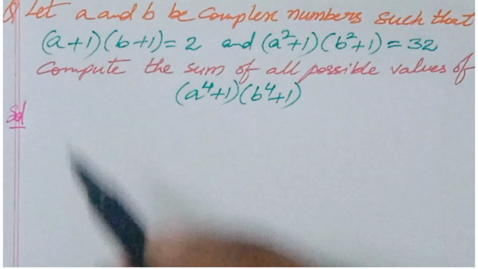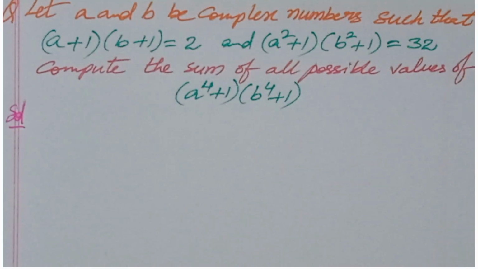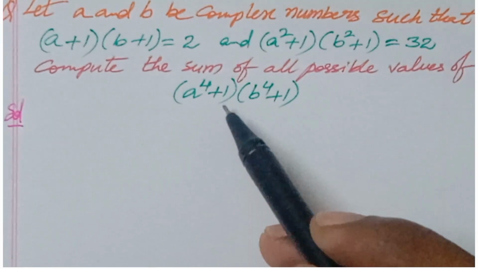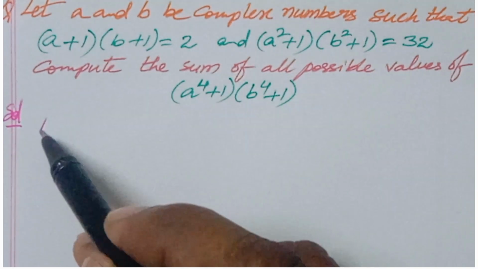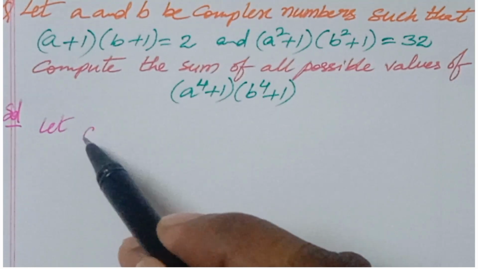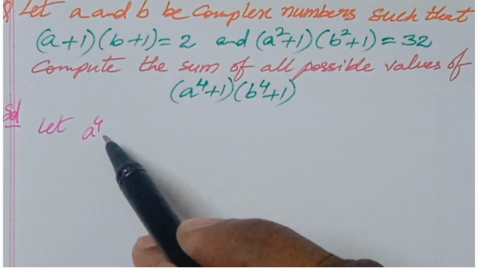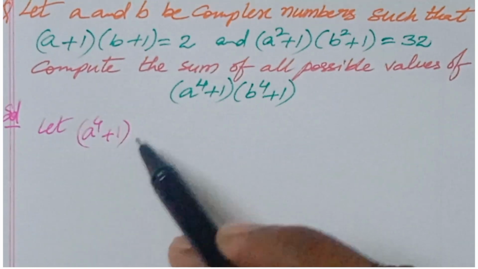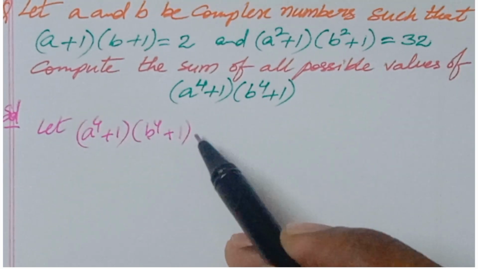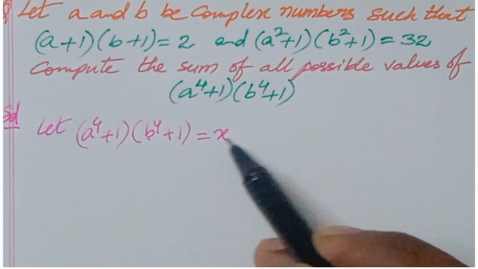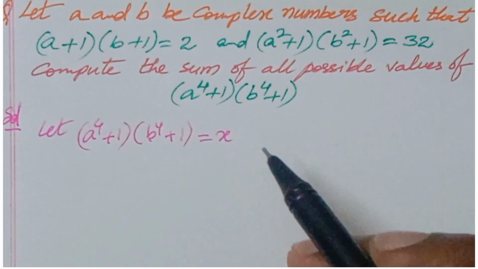The question is somewhat logical, that's why this question is selected. You have to find the value of (a power 4 plus 1)(b power 4 plus 1). So let (a power 4 plus 1)(b power 4 plus 1) be x.